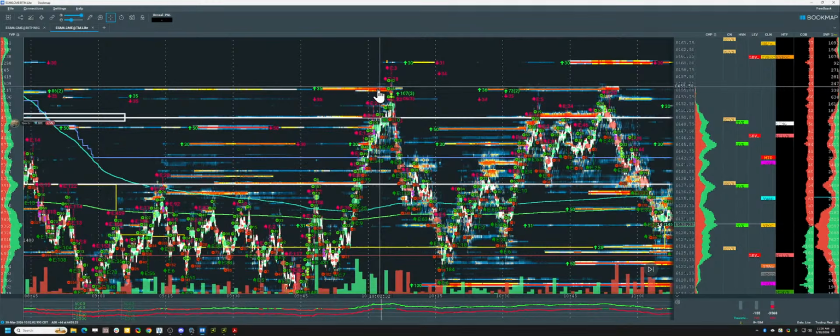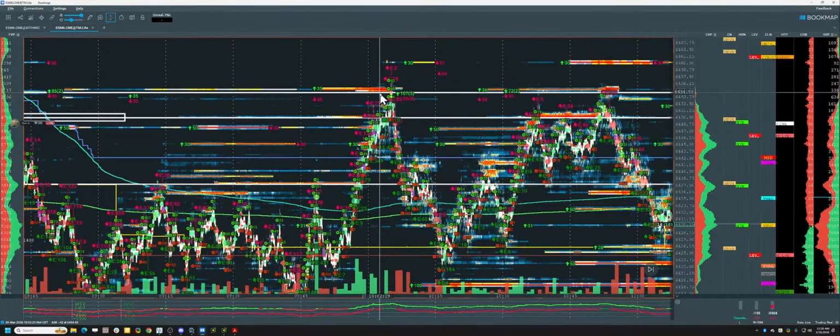Again, I'm getting a little advanced for you, but I'm just trying to show you structure. When you do replays, these sellers who stop the market here, you see them come back in here. This is order flow. If I know the sellers are starting to line up again, why are they lining up? Because they want to sell this price.